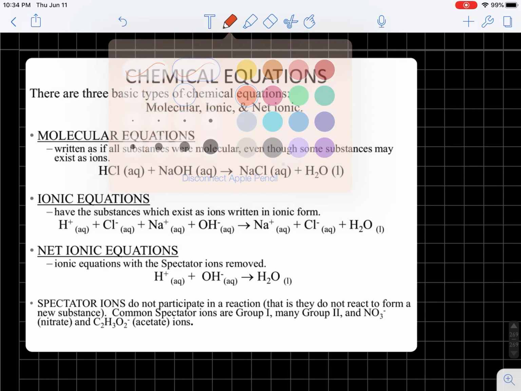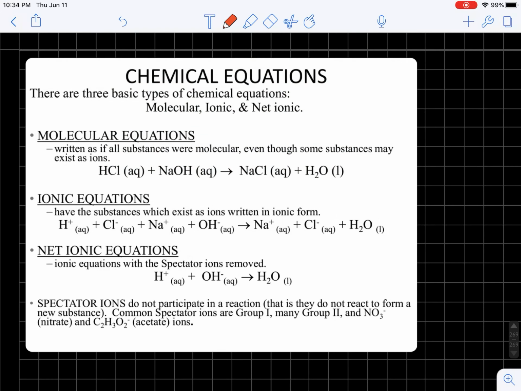Now, on the test, at the AP level, you would have to memorize which things are strong electrolytes, strong acids, strong bases, weak bases, soluble salts that ionize, and those that don't, in order to be able to do this. But I'm going to tell you on the test, because it's not required at this level for you to memorize, that hydrochloric acid is a strong acid, and sodium hydroxide is a strong base.